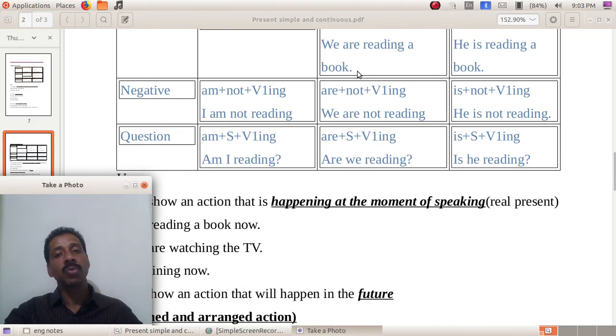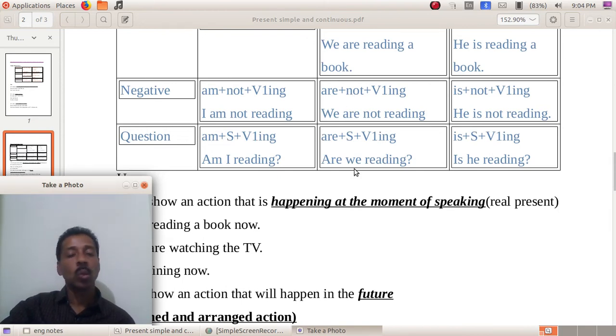If it is we, you, they, etc., are plus not plus V1 ing. So we are not reading. If it is third person singular, is plus not plus V1 ing. He is not reading. In question, we know that if you have to make a question, use the auxiliary verb in the beginning. So if it is I am plus V1 ing, am I reading?